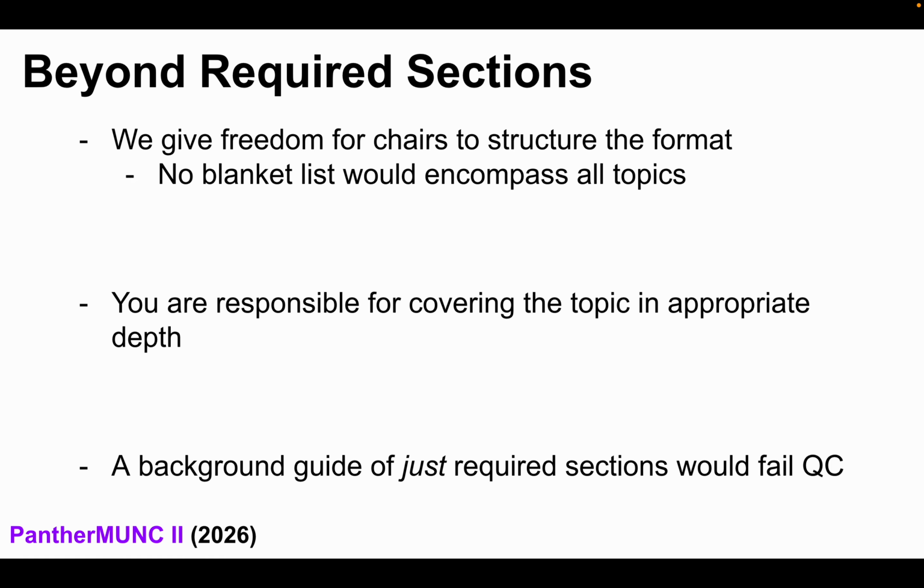No blanket list would encompass all the topics, because one committee might need a bunch of sections to explain a specific part of its topic, and another might not, so we can't force that. We give freedom to the chairs to decide what is important to their committee.